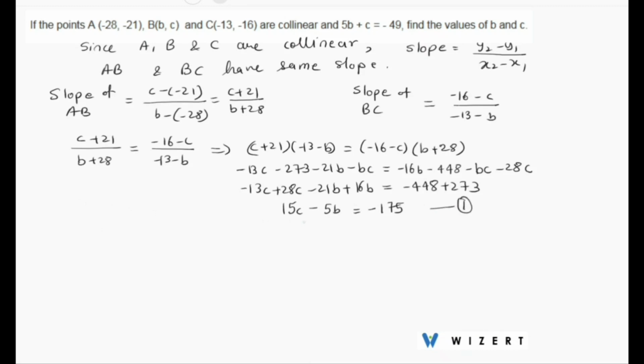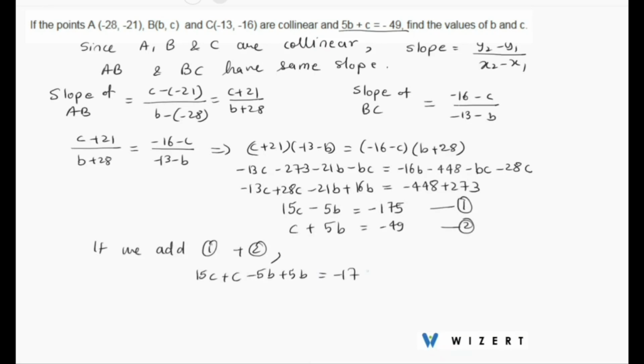We are given 5b plus c, that is c plus 5b is equal to minus 49. This is equation 2. It's given in the question. So if we add 1 and 2, what we get, 15c plus c, minus 5b plus 5b, equal to minus 175 minus 49.